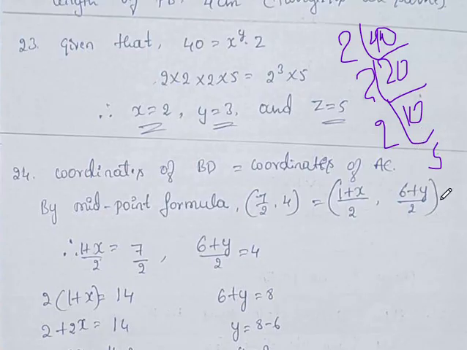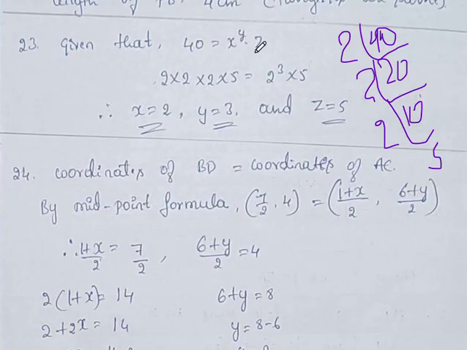This 5 is not divisible by 2 or by the next prime number 3. The next prime number is 5 only. 4 is not a prime number because it has more than 2 factors. So instead of 40, we can write 2 into 2 into 2 into 5.